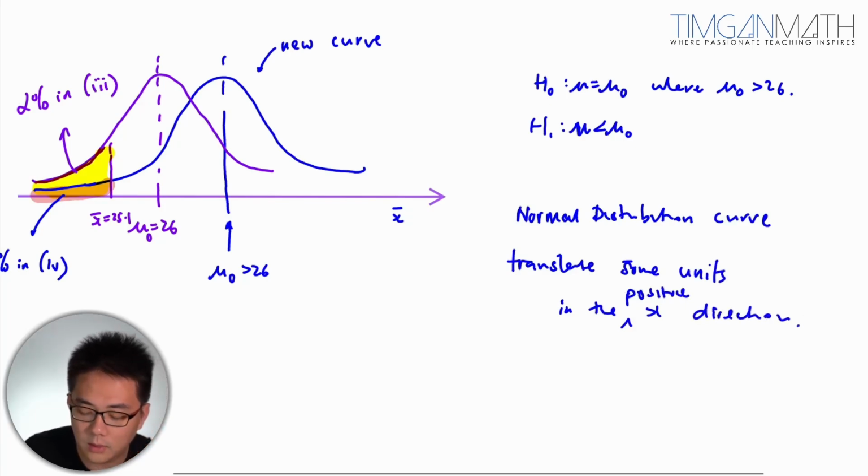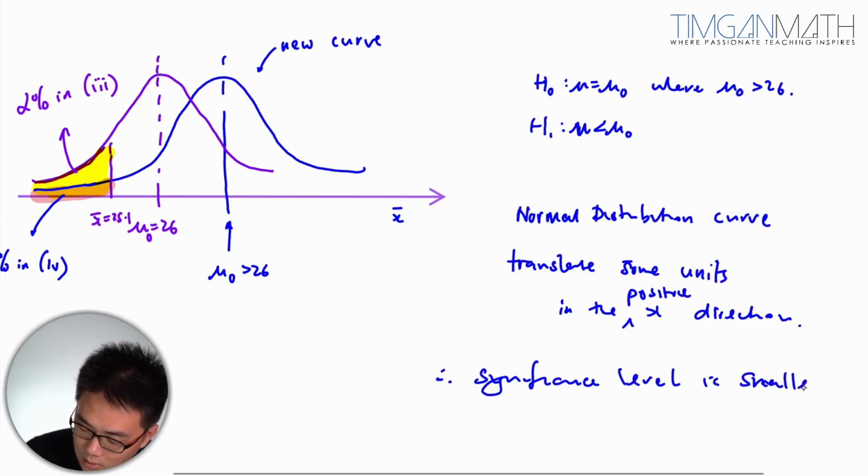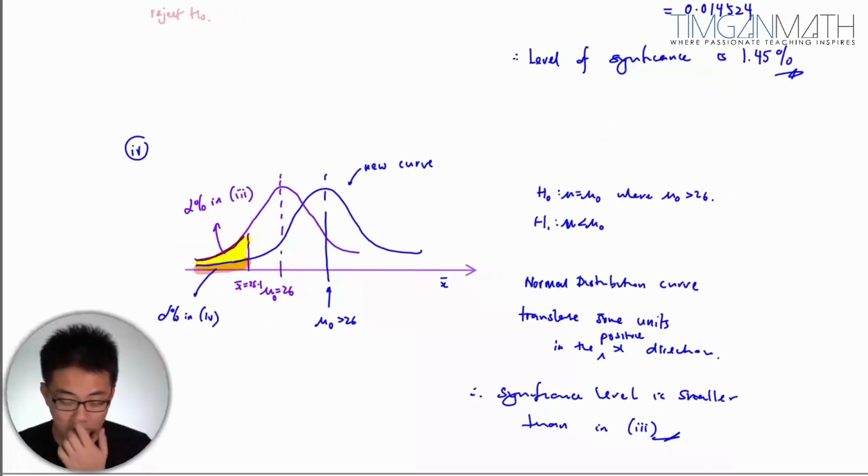In other words, hence the significance level is smaller than in 3. You can just draw the diagram and show.